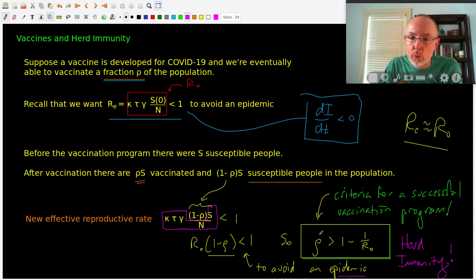Right? As long as you vaccinate this proportion greater than 1 minus 1 over R naught of the population for a given R naught, you will end up with a decreasing number of infectious cases. And that's the key to avoiding an epidemic. So this is our criteria for herd immunity.